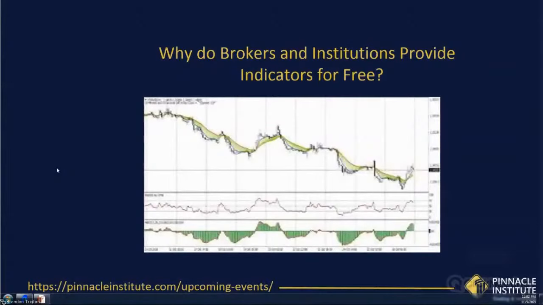You know, nothing's perfect, but this is by far the least perfect percentage wise, and that's why the brokers and institutions want us to spend as much time as we can trying to perfect these tools. Let's move on.